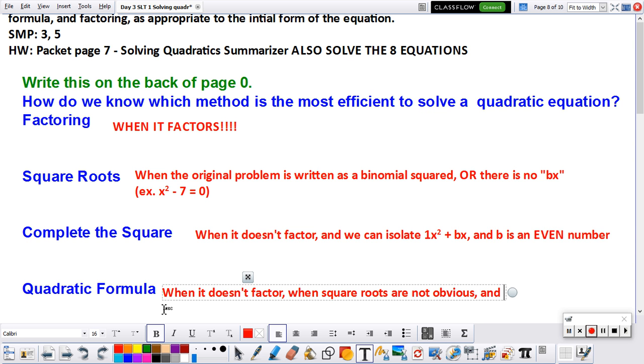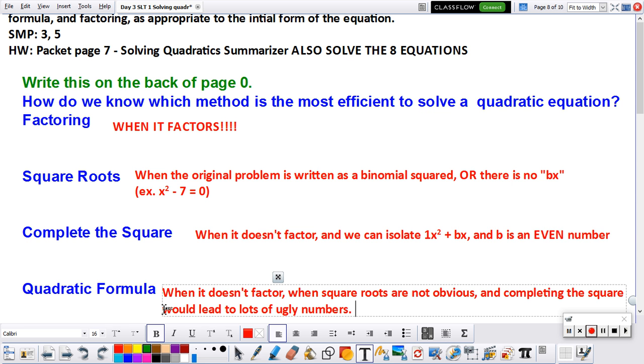And completing the square would lead to lots of ugly numbers. In other words, it's the last resort. I mean, completing the square is the last resort.